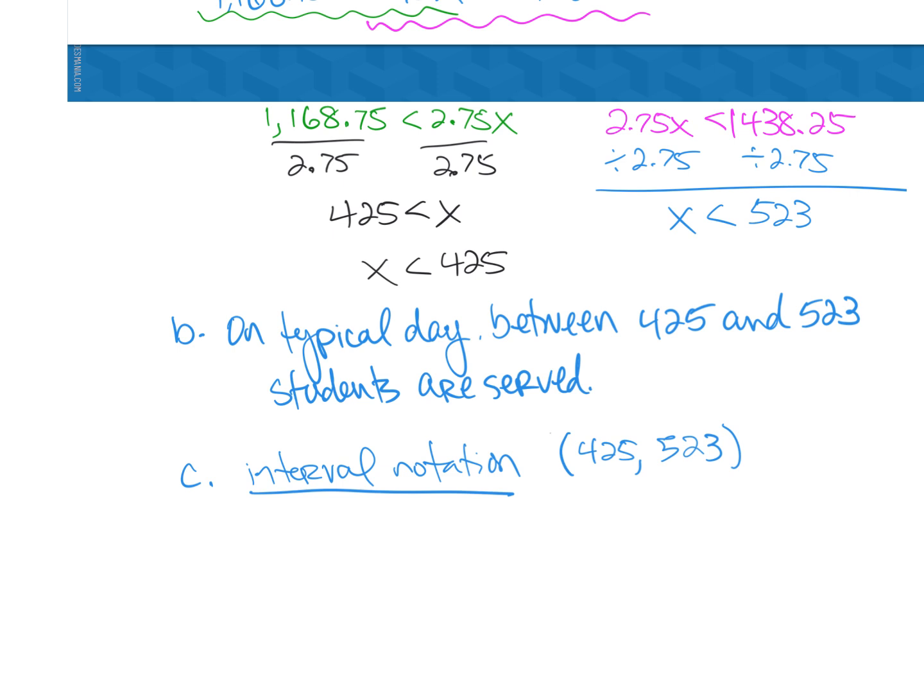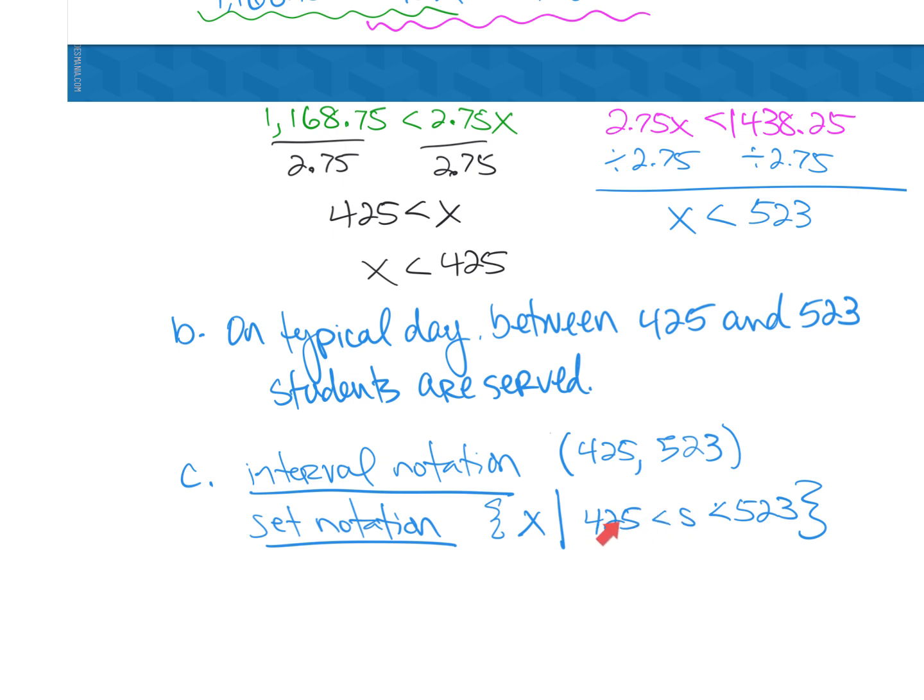Then we're going to write down our set notation. So we have our curly bracket. We are talking about x, the number of students. It is defined as, and then we're going to go from 425 to 523. And notice how the 425 is the bottom part, not equal to, and then we go up to 523, but not equal to.